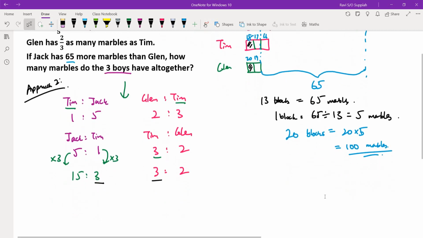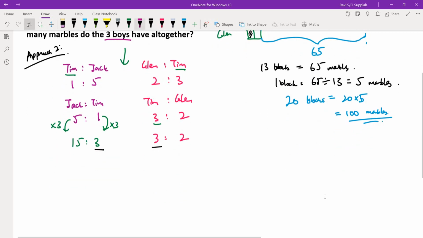So with that, you can straight away write it as one common line, that Jack to Tim to Glenn is 15 to 3 to 2.